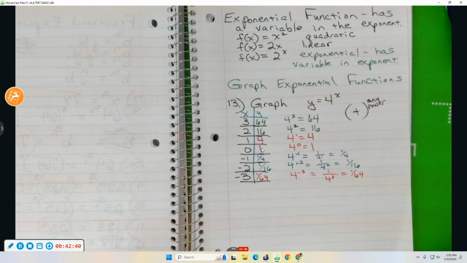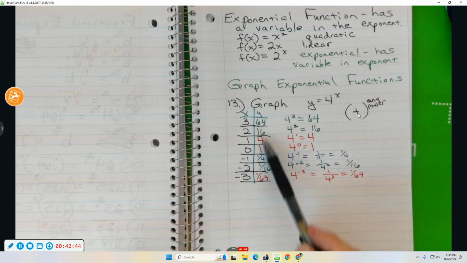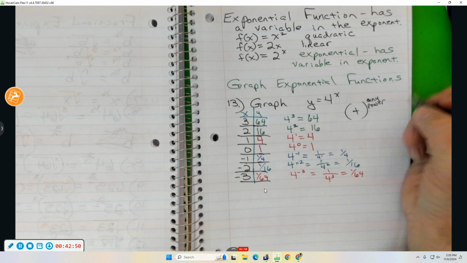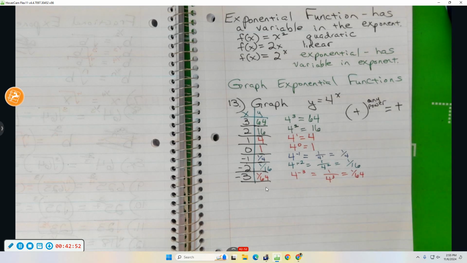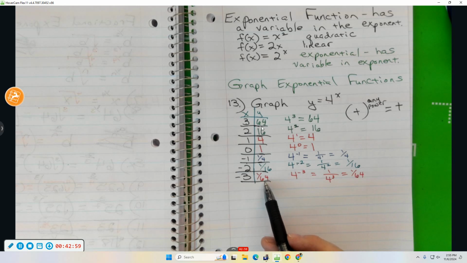Will these y values ever become negative? A positive number to any power is always a positive number. So we're not going to get any negative y values here. The y values are going to keep getting smaller and smaller, but they're never going to become negative.